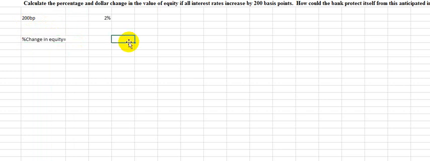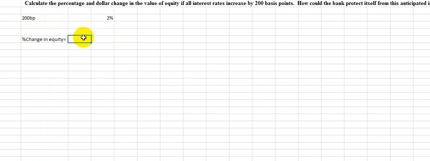The percentage change in equity is equal to minus the duration gap times the change in I divided by one plus I. This I in the denominator is the original I, the initial one.